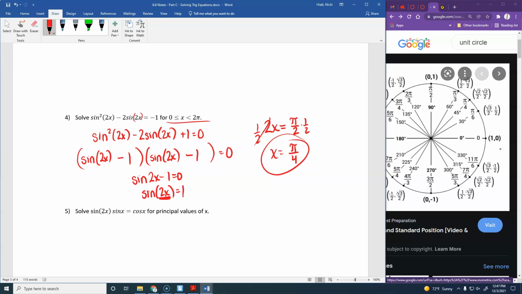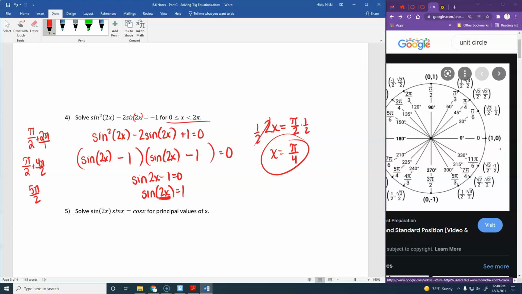So, pi over 2 is the answer. But what if I do pi over 2 plus 2 pi? That's going to be pi over 2 plus 4 pi over 2, which will give me 5 pi over 2. So 5 pi over 2 is not on the unit circle, but it's equal to pi over 2.